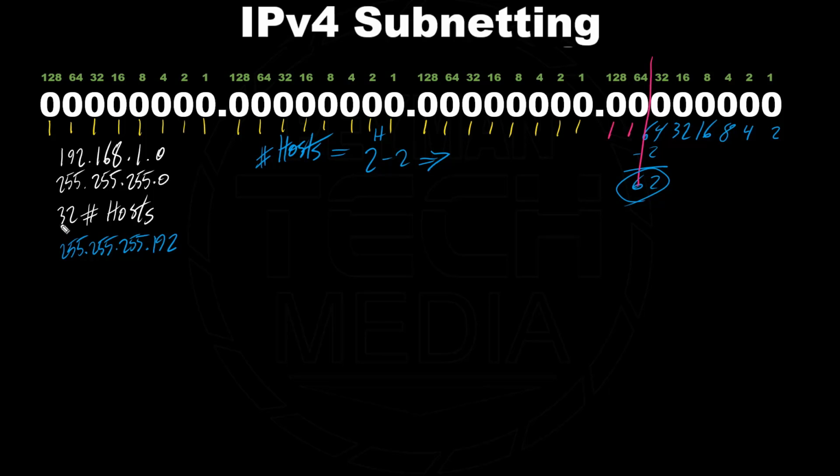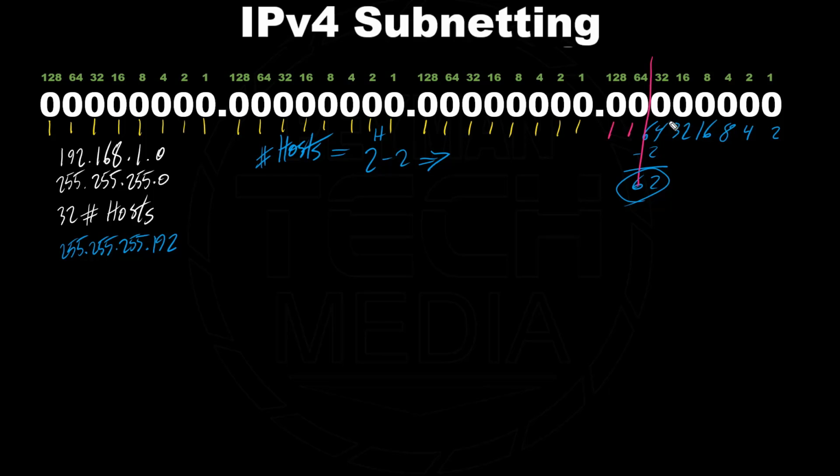Yes, they did ask for 32 available IP addresses, but we couldn't stop here because when we do the -2, one address for network, one for broadcast, it will give us 30 available IP addresses. But here they are asking for 32 available IP addresses, so we had to continue one more bit to the left for the host bits.